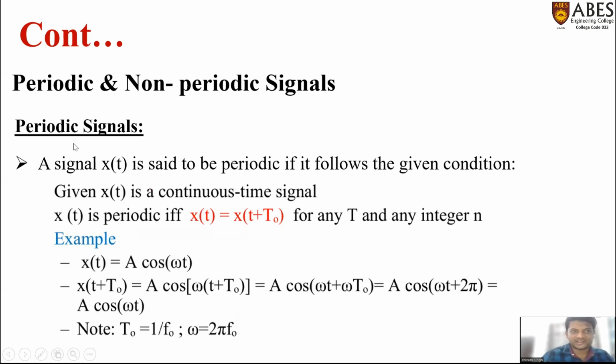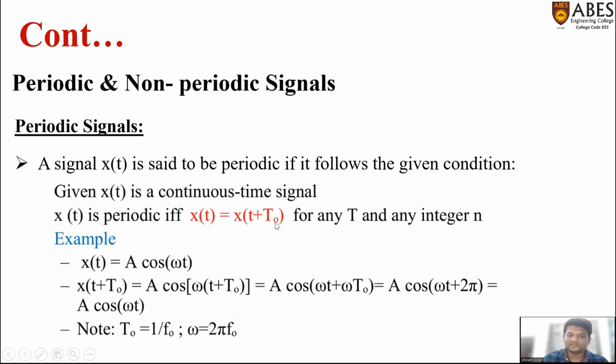Now moving to the second type, classification of signals. The second classification, periodic and non-periodic signals. So for a periodic signal, what is written, x of t is said to be periodic if it follows the given condition. What is the condition? Means if you have signal x of t, okay, and if it is equal to x of t plus capital T naught.